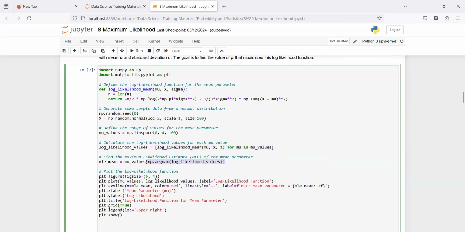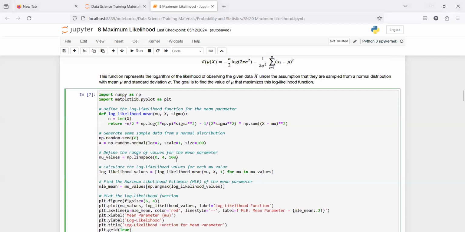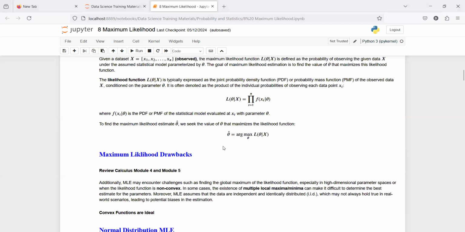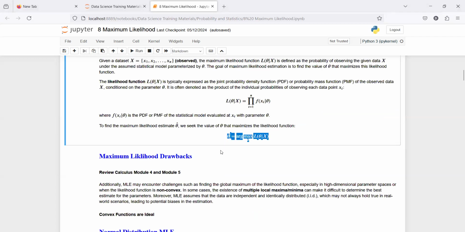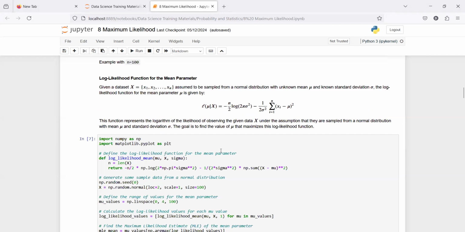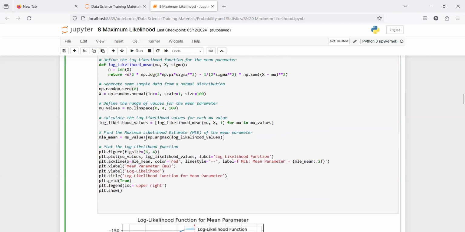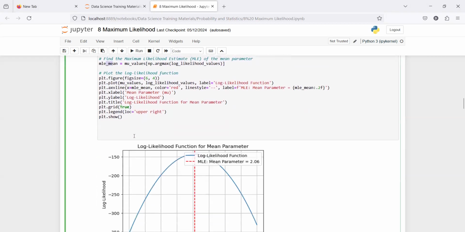And we find the argmax of the log likelihood values, recall from this thing right here. And that's the ML mean.